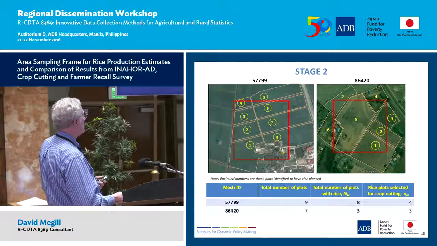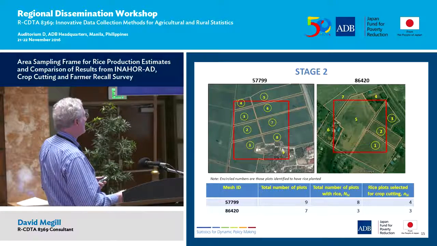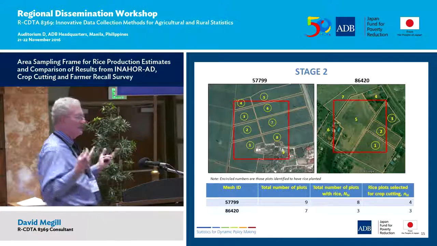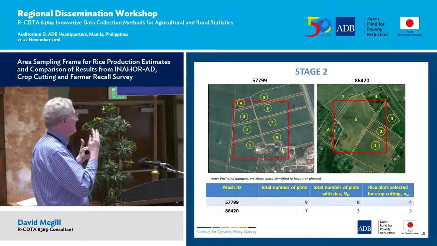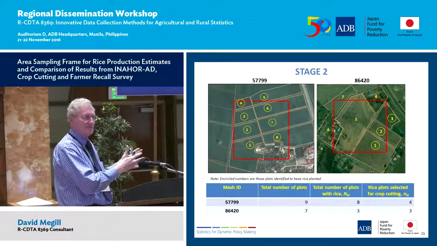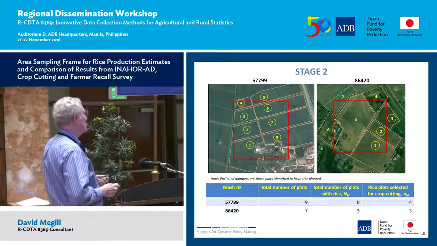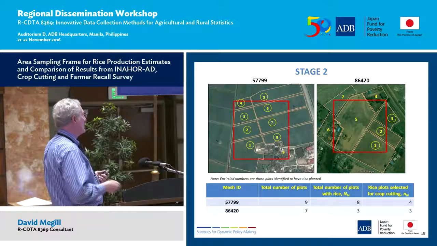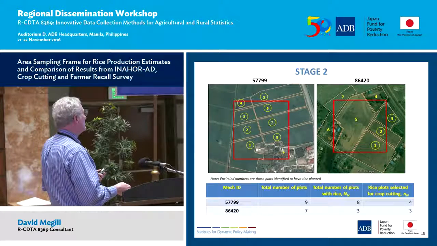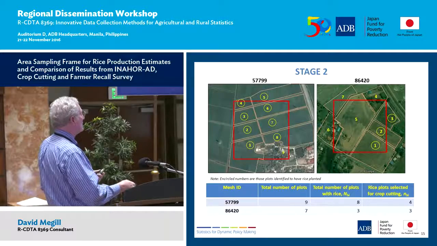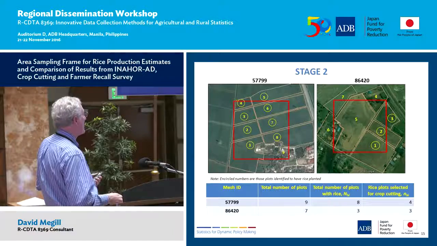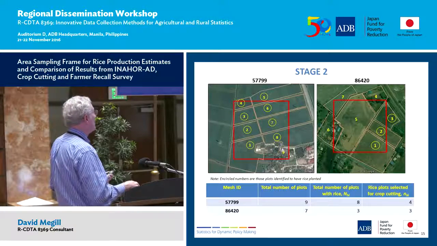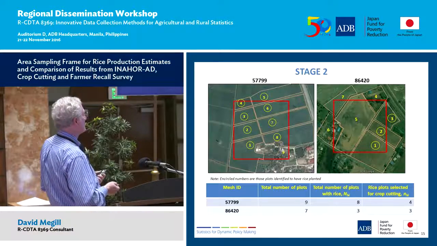Using an iPad tablet, they had the image of the mesh, and using that as a guide, they did a sketch map of all of the plots where part of the plot fell within the sample mesh. Then they identified whether each of these had rice or not.